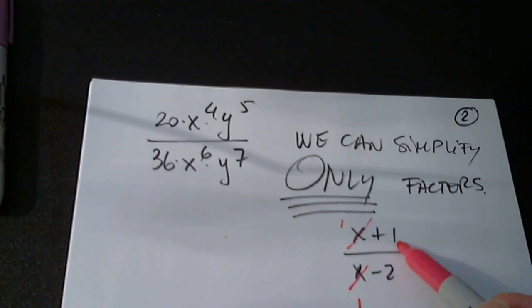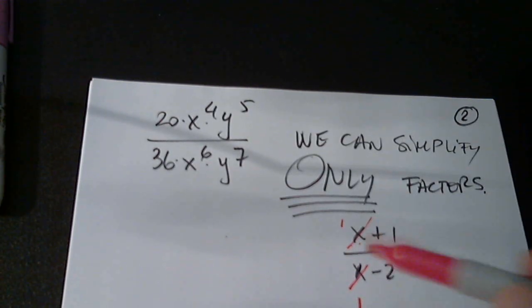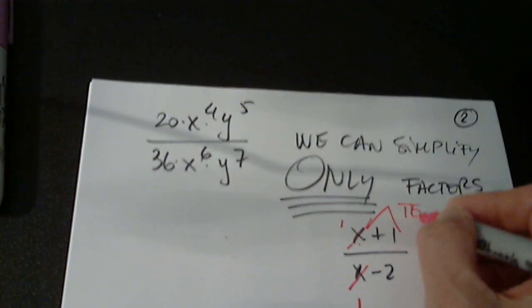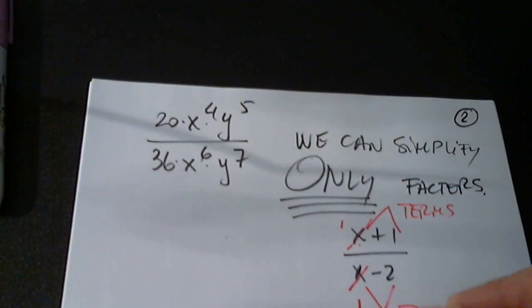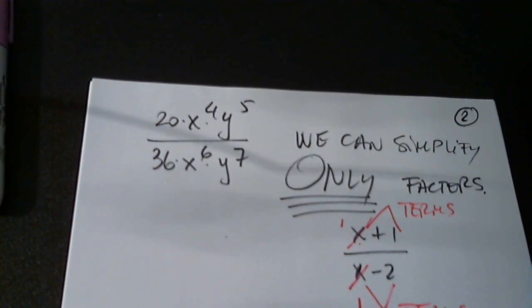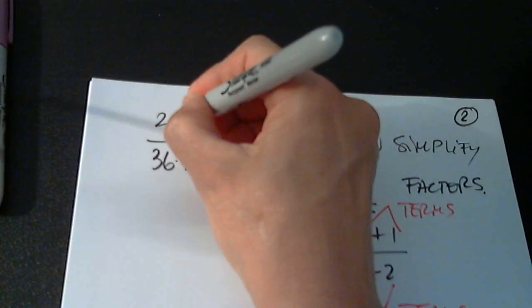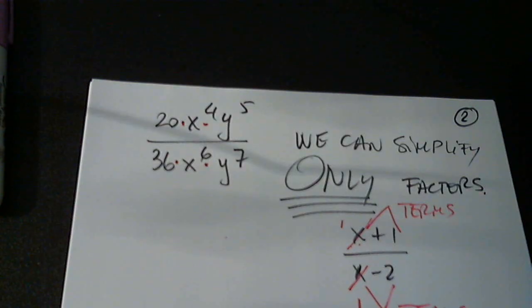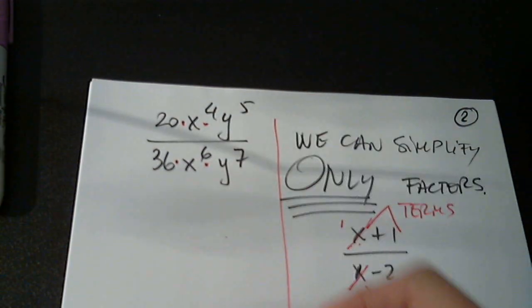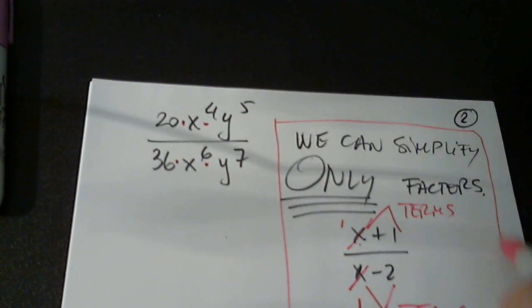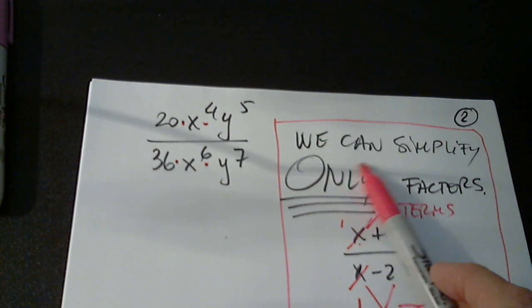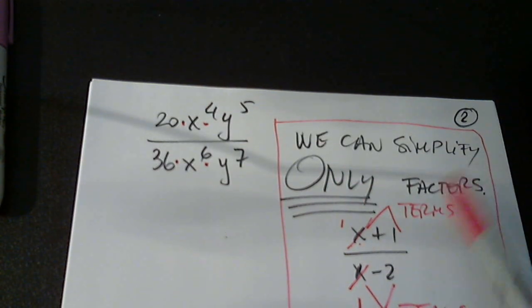It's not multiplied by something. It's added to something. This is not a factor. These are terms. They're not factors. But here, these are factors. I can simplify. So be very careful. Remember this rule. We can only simplify factors, not terms.